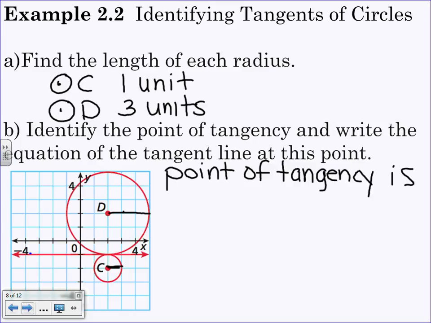Okay, so the point of tangency is where our circles meet. It's the point where our two circles meet, and we're able to draw a tangent line so that it only intersects with each circle once. So what point would our point of tangency be at, Daniel?